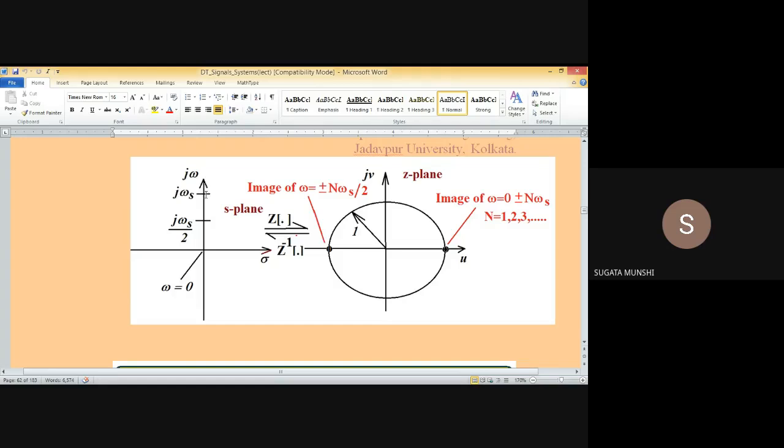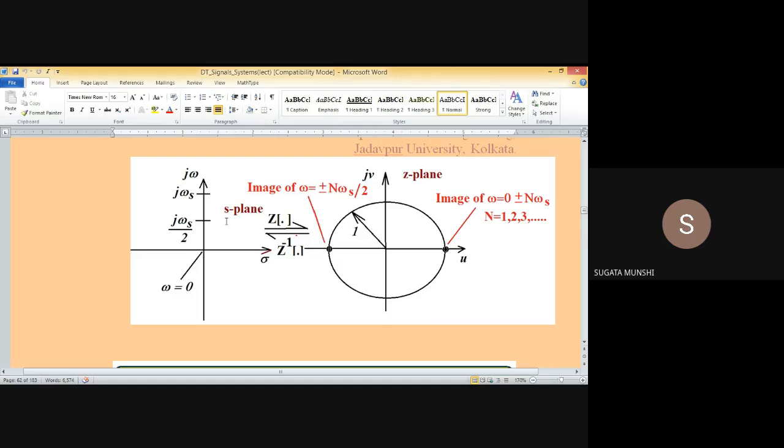Corresponding to j omega is, what's the argument of Z? Omega tau is 2 pi radians. So you will come back here. All right. As you travel from omega equal to 0 to omega equal to omega s, you will make a complete traversal of the circumference of this circle centered at origin in the Z plane with unit radius.